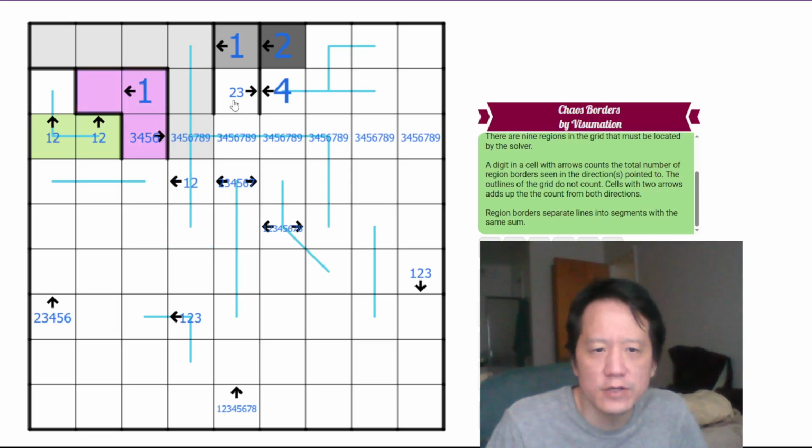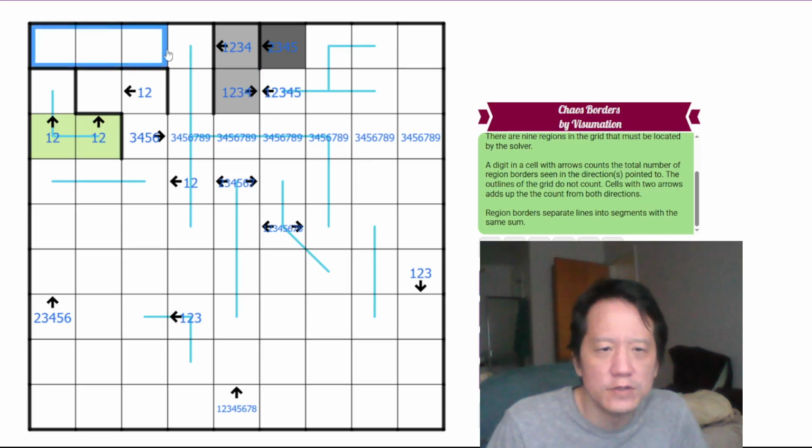It would have to go here. This has to extend out. This extends. Actually, we don't know if that's a boundary here. We don't know if this is a boundary. We do know this extends out here. This would have to extend out that way. This would extend out here.